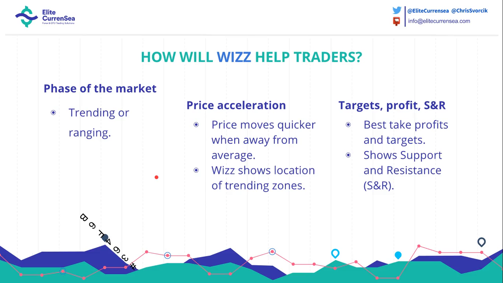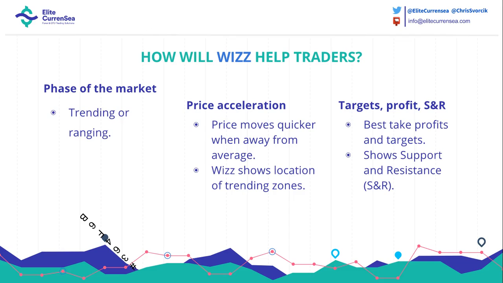Let's take a look at basically how it will help us, first of all. Well, depending on where price is in relationship to those Wizz levels, we can understand if the market is trending or ranging. That's the main benefit here. And if it is trending, we're going to see a good chance of an acceleration and an impulse away from the average, and basically price moving in mostly quick fashion in one direction.